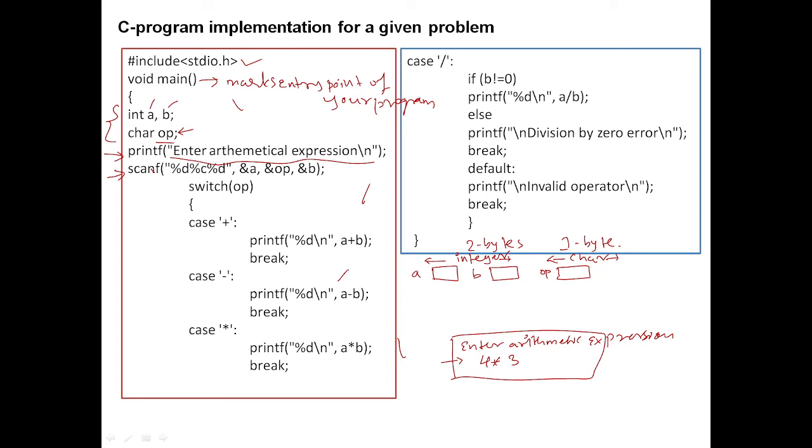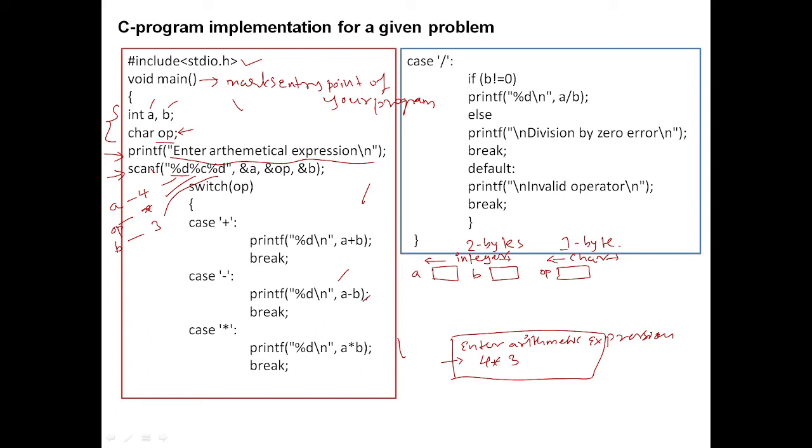The first format specifier is %d, which represents the first value, that is 4, and the star represents the multiplication operator, and the next %d represents 3. So 4 will be stored in A, star will be stored in OP, and 3 will be stored in B.